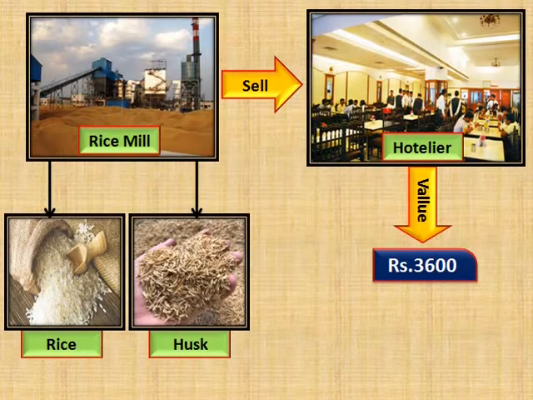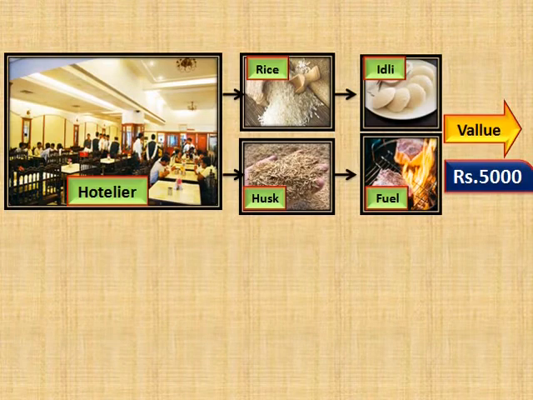Now, the total value of goods produced by the rice miller is 80 into 40 plus 20 into 20, which is equal to 3,600 rupees. Next, a hotelier bought rice and husk from the rice miller for 3,600 rupees.